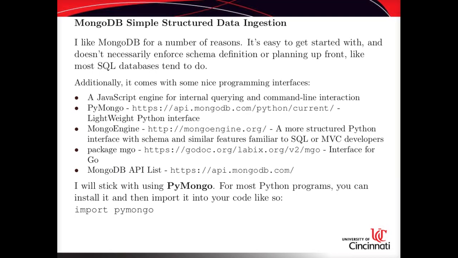Internally, Mongo also has a JavaScript engine that is responsible for doing the querying and command line interactions. So under the hood, it leverages JavaScript a lot to get the querying work done and provide you with a command line interface that's both familiar and powerful.